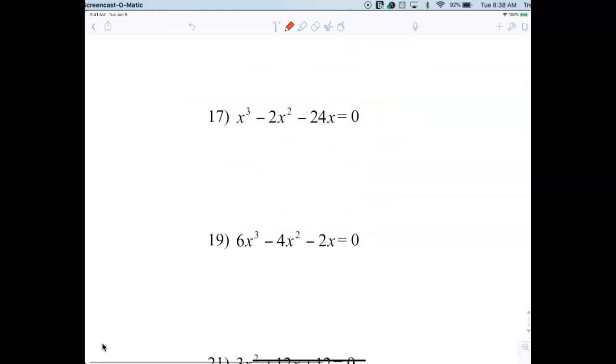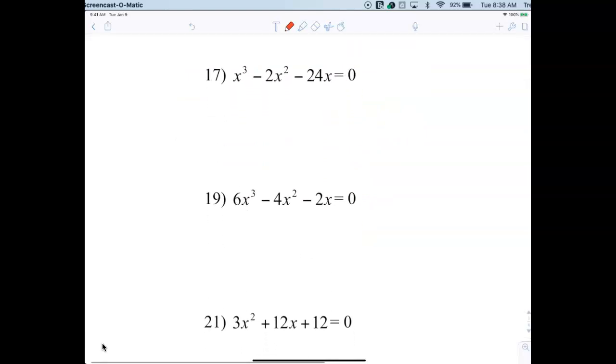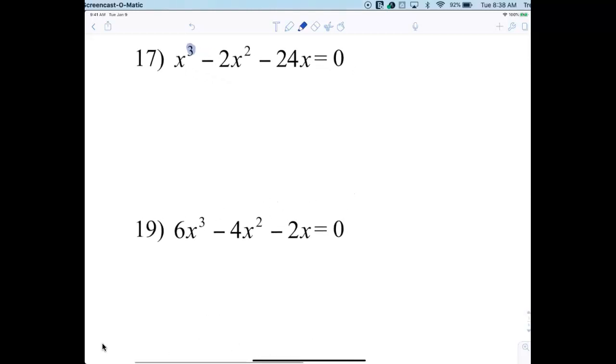Let's have some more fun. Number 17, how many solutions are there? 3, because of the exponent. So again, we're always looking for the GCF. So what is common? So now I have x, parentheses, x squared minus 2x minus 24 equals 0.